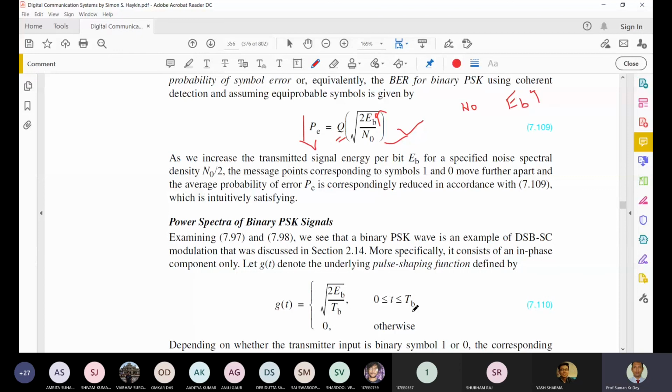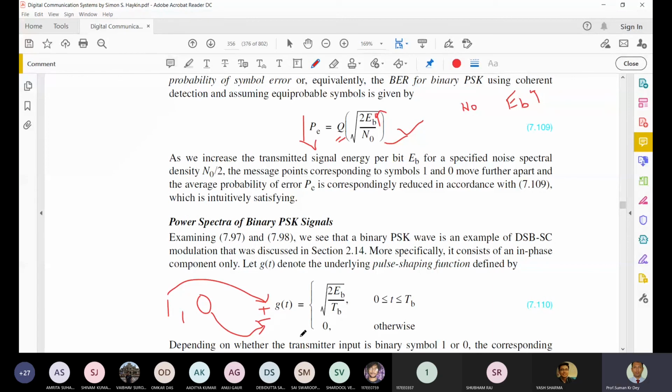Normally, depending on the transmitted input binary sequence 1 and 0, we will get the value of g(t). When we are transmitting 1, it is plus g(t). When we are transmitting 0, it is minus g(t).